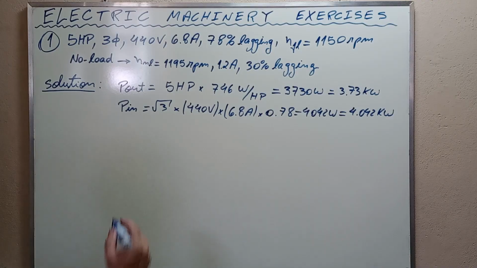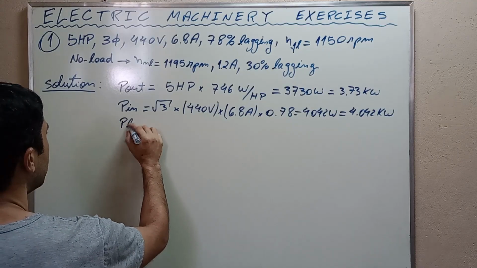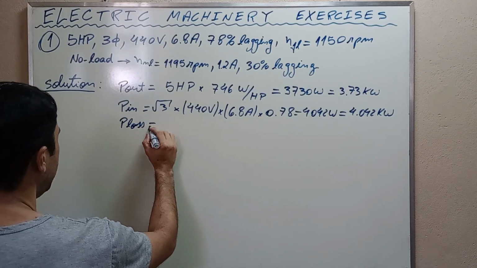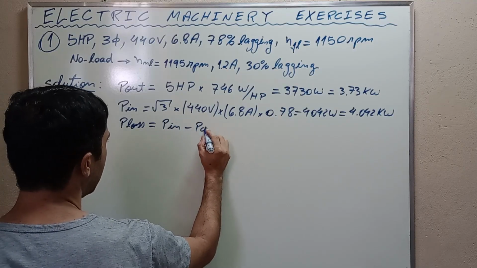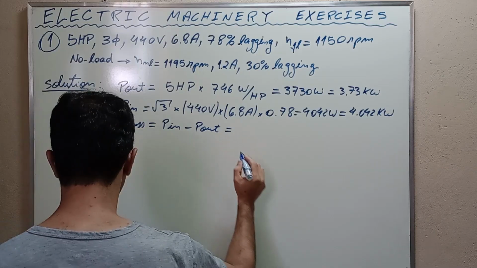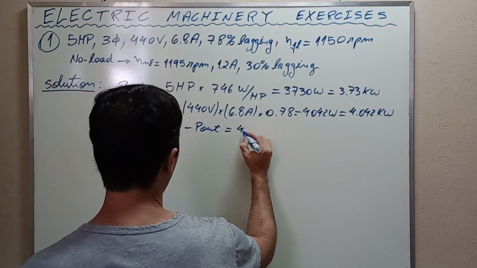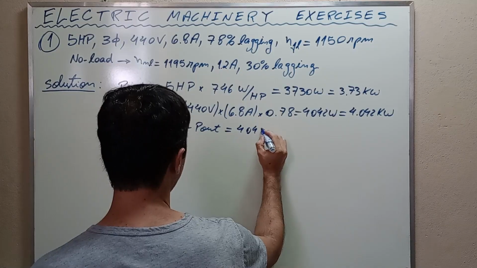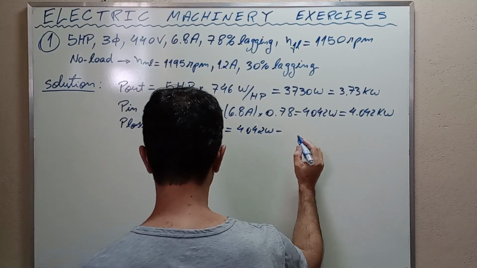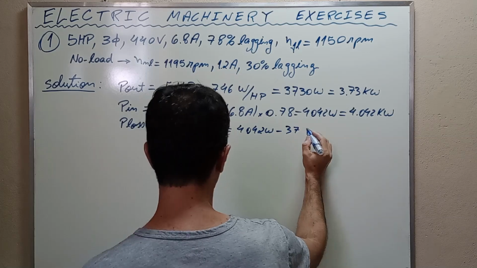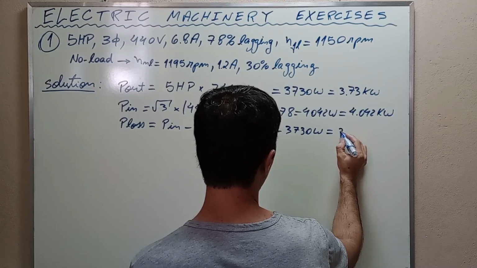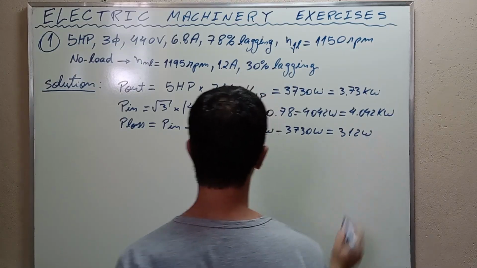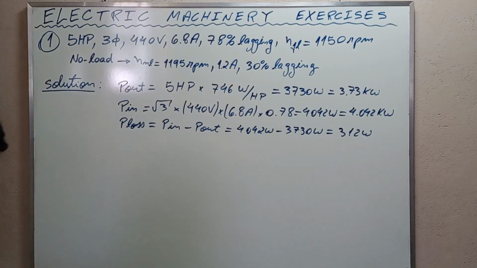The power loss is equal to P in minus P out, and this is equal to 4042 watts minus 3730 watts, which is equal to 312 watts. This is the power lost in the machine.